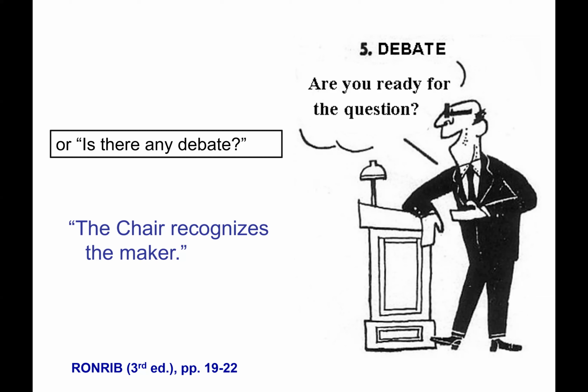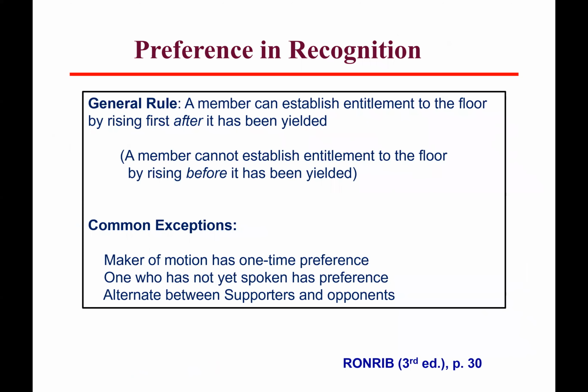So going back to before, when we have people who want to debate before they make their motion, you can assure them that they'll be called upon first in debate. But first we have to get the motion established, what motion we're talking about, before debate begins. And so pre-debate by the maker is not permissible. So recognize the maker. Pages 19 through 22, you see this process in debate.